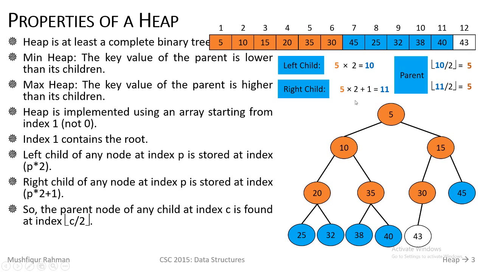Next, 30 will be our next parent, and index 12 will go to 43. This is our heap.